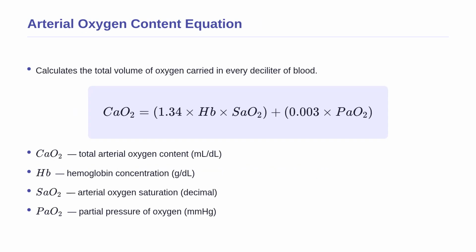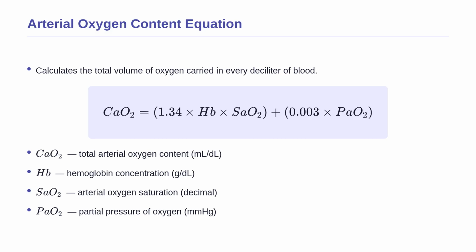This brings us to a fundamental tool in respiratory physiology, the arterial oxygen content equation. Conceptually, this formula simply adds the large amount of oxygen bound to hemoglobin to the tiny amount dissolved in the plasma. Let us break down the symbols. CaO2 represents the total arterial oxygen content in milliliters per deciliter. Hb is the hemoglobin concentration.